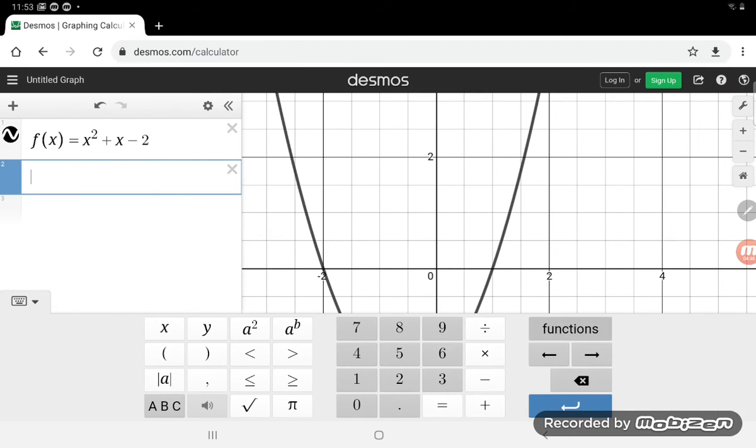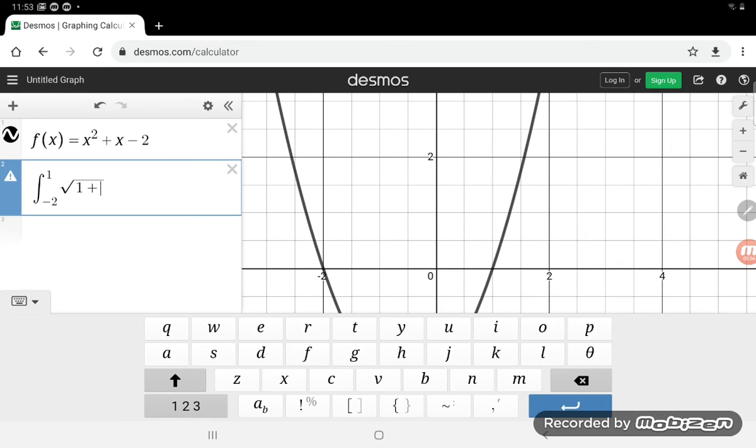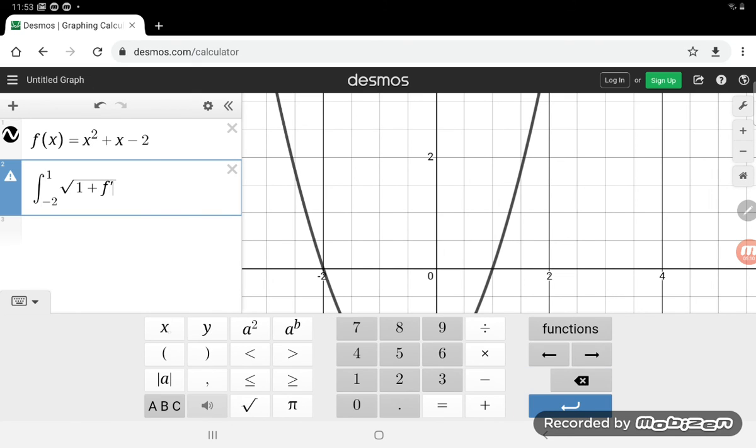So I do my integral from minus 2 up to 1. And I need the square root of 1 plus f prime of x squared.